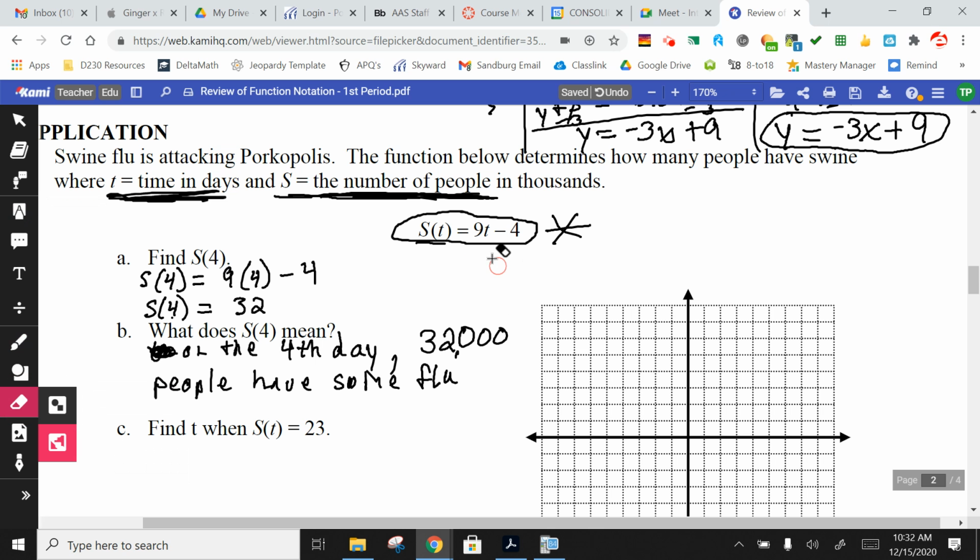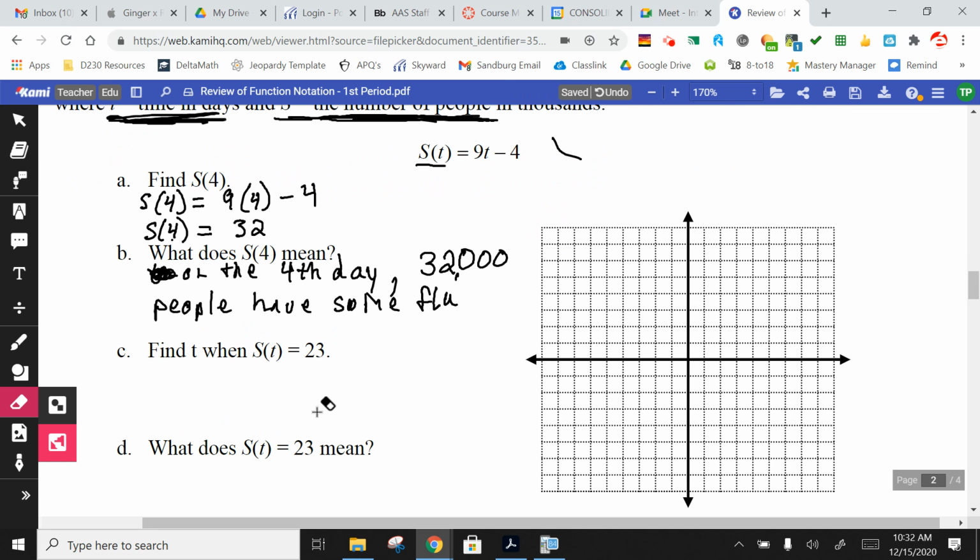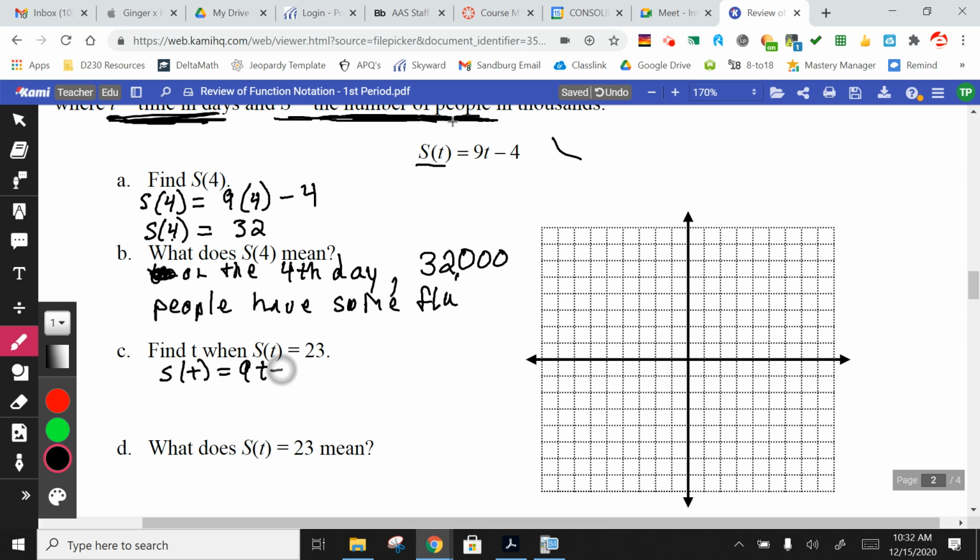All right. The next one's just the opposite. Again, we did it yesterday. Here's your function. I'm now telling you that S of t is 23. So now 23,000 people have it. So you're going to plug in that for 23. So let's take this function. S of t equals 9t minus 4.